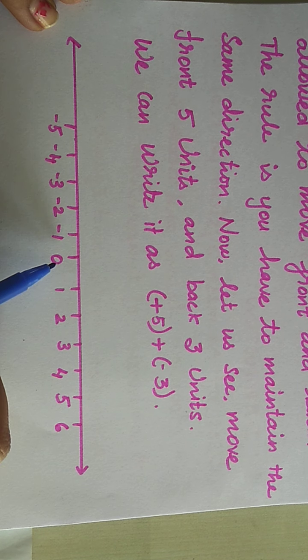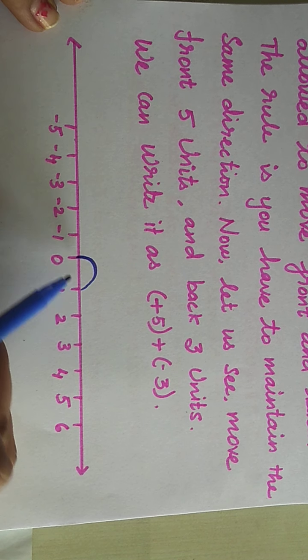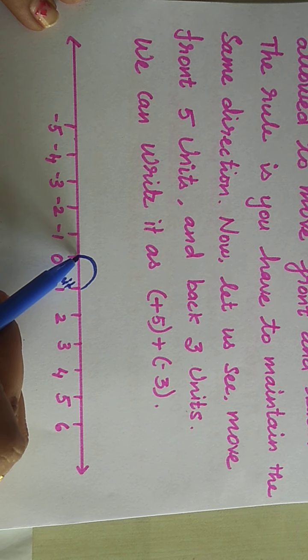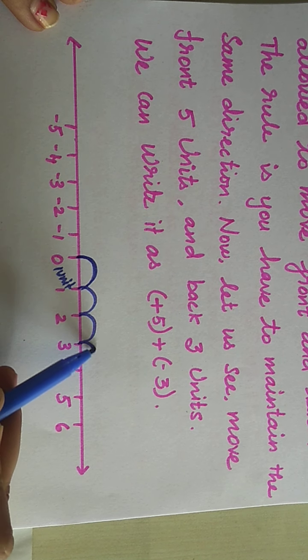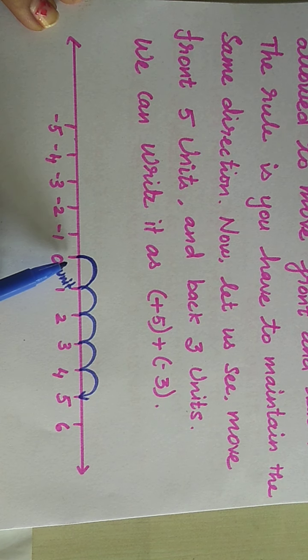Now you are moving front 5 units. One unit means 0 to 1, it is 1 unit. So here 1, 2, 3, 4 and then 5. Now you have moved front 5 units and you have to maintain the same direction.